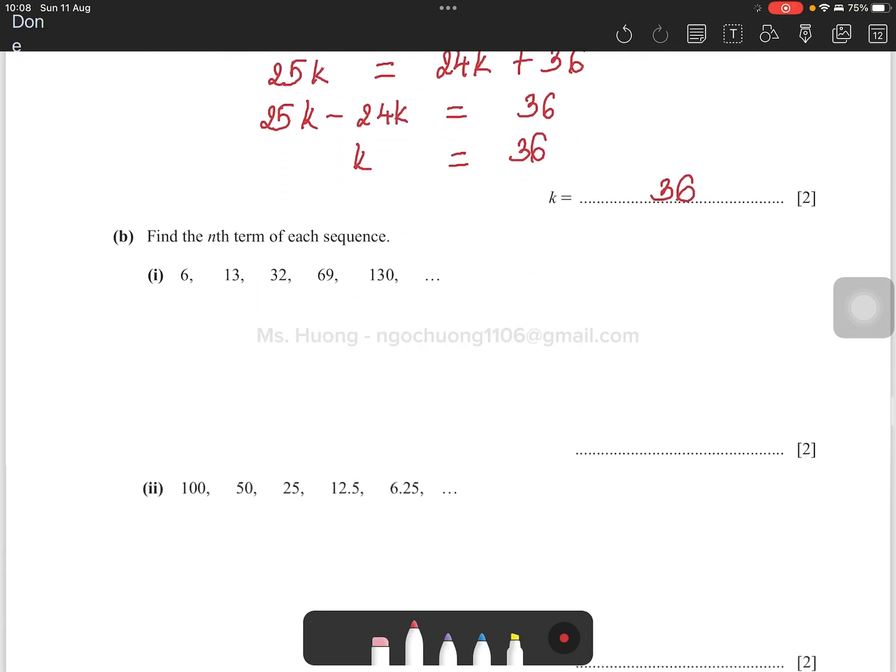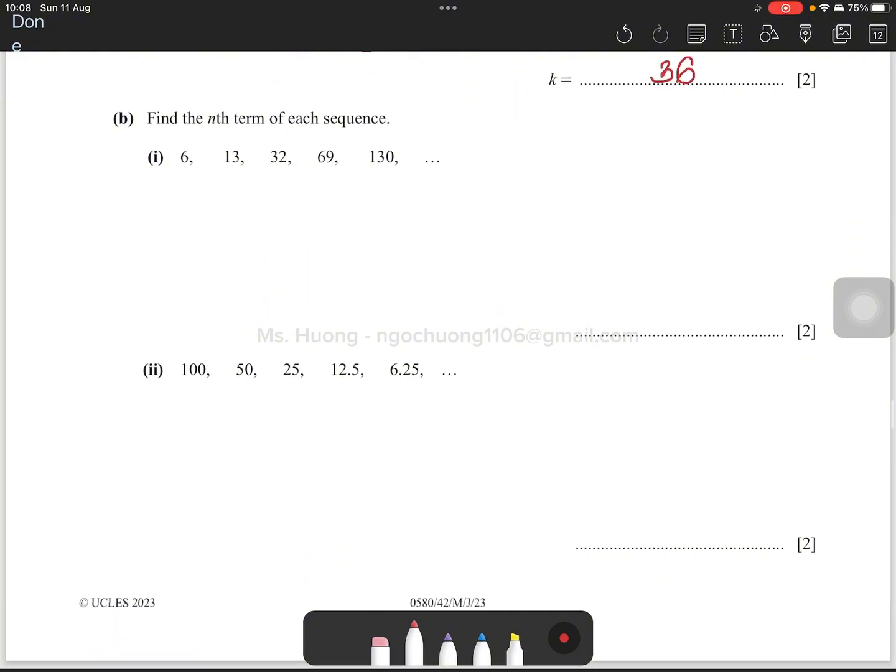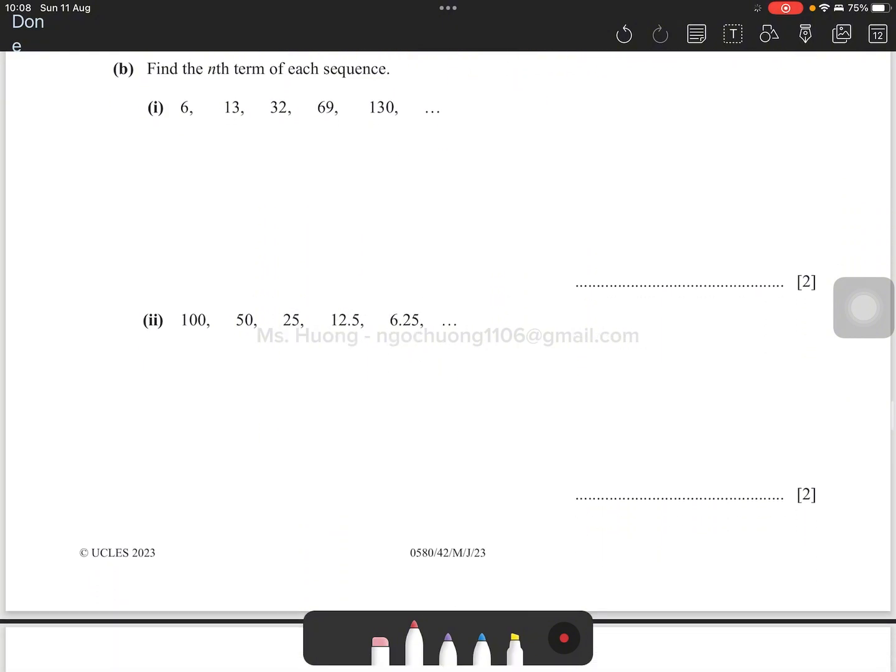B. Find the nth term of the sequence 6, 13, 32, 69, 130, and so on. So first of all, we need to find the difference between 6 and 13, which is 7. 13 plus 19 is 32. 69 minus 32 is 37. 130 minus 69 is 61.